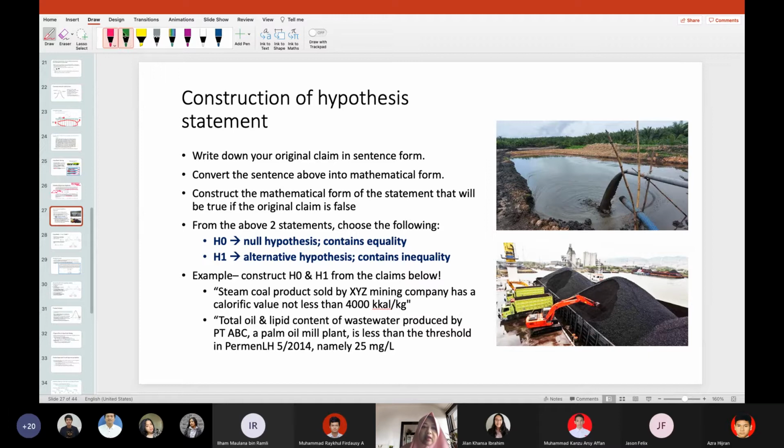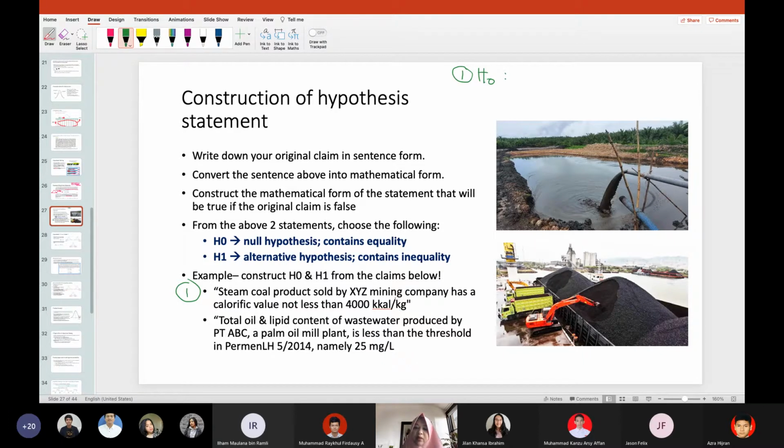So let's check with example number one. In this example, what is your null hypothesis? He claimed that the steam coal of the XYZ mining company is not less than 4,000 kilocalories per gram.